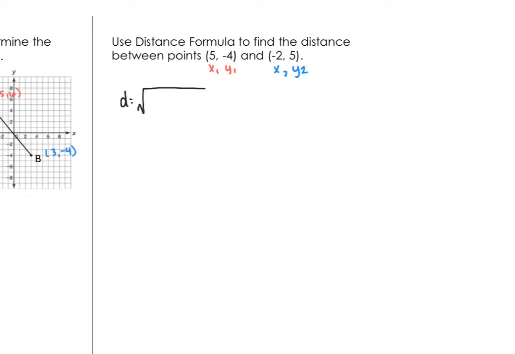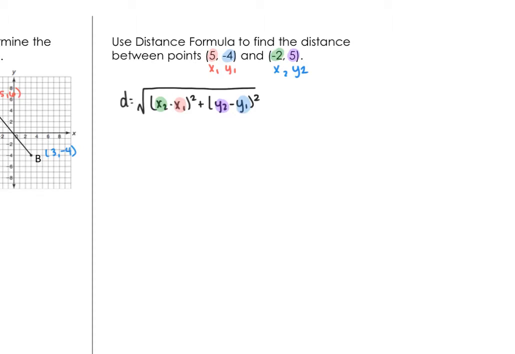It's the square root of (x2 minus x1) squared and (y2 minus y1) squared. I'm going to plug in 5 for x1, -4 for y1, -2 for x2, and 5 for y2.